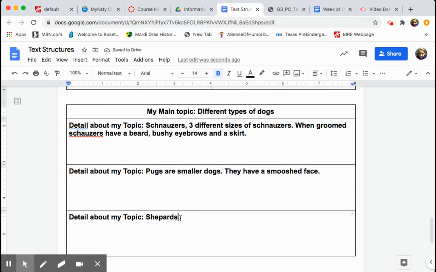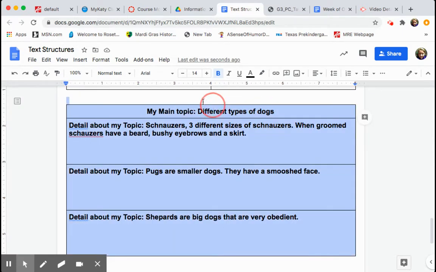And then in my chapter, I could also tell you about shepherds and how shepherds are big dogs that are very obedient, meaning they obey, or they follow instructions. If you're talking about a sport, you could tell me different positions in your sport.